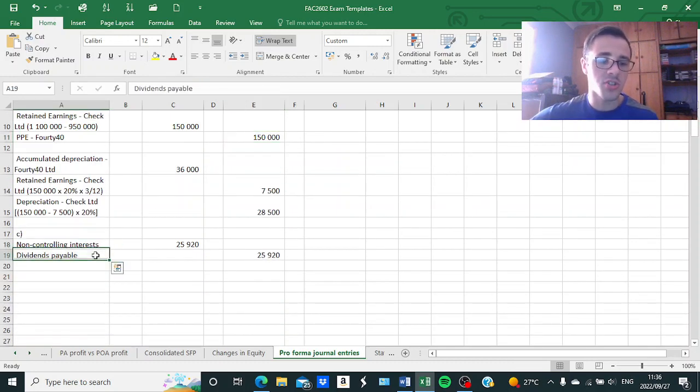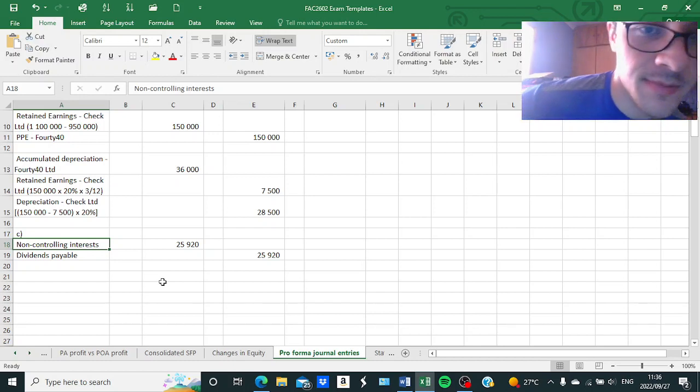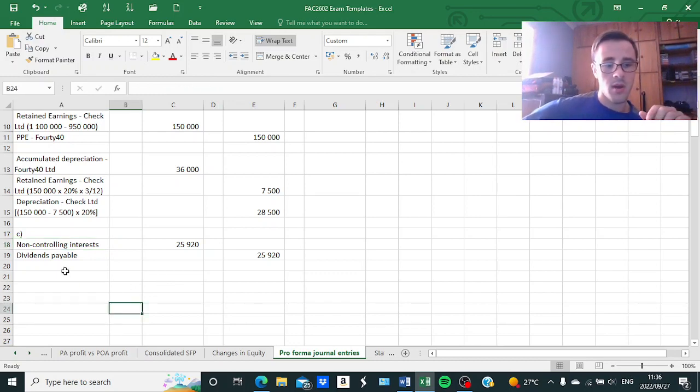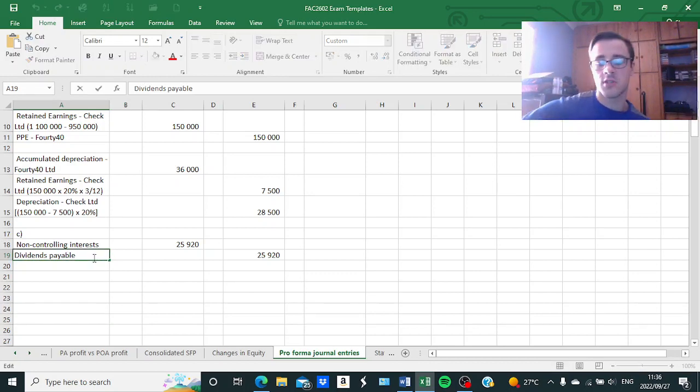Here you do not need to show the company 4040 Limited, because non-controlling interests will refer to those shareholders of the group that do not have a majority interest, your minority shareholders, basically. But if you want to feel safe, you can input the company 4040 Limited, but it is not required.